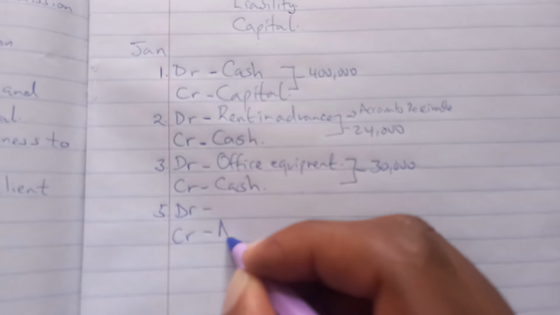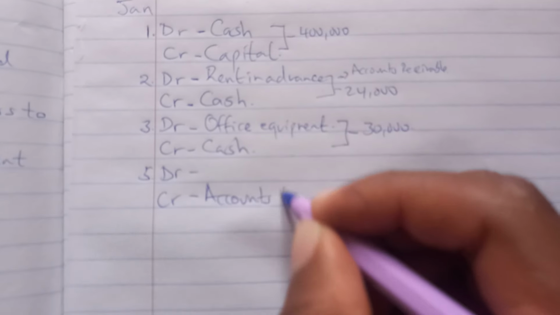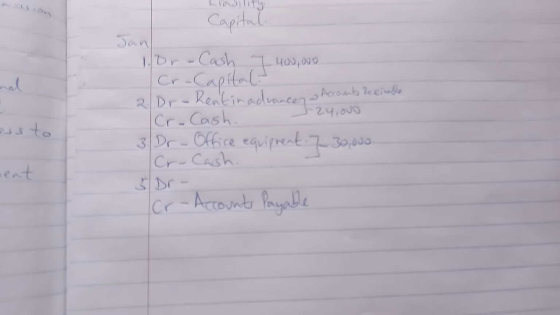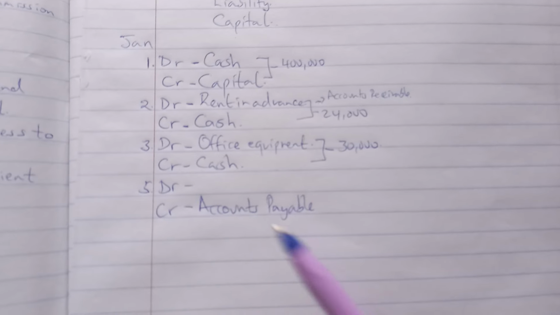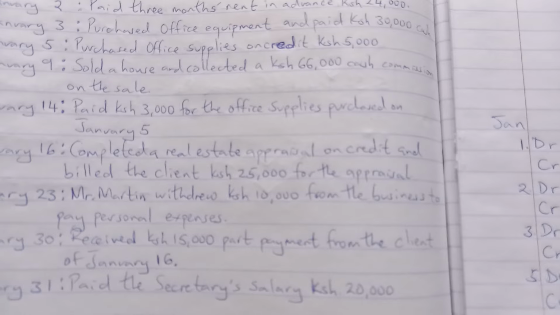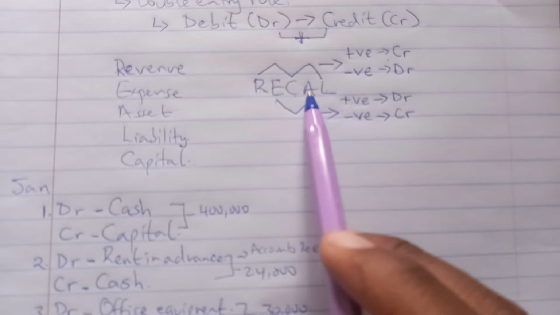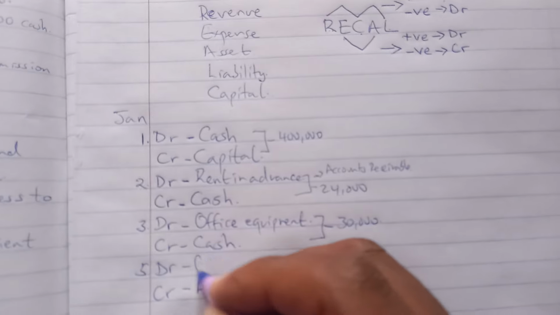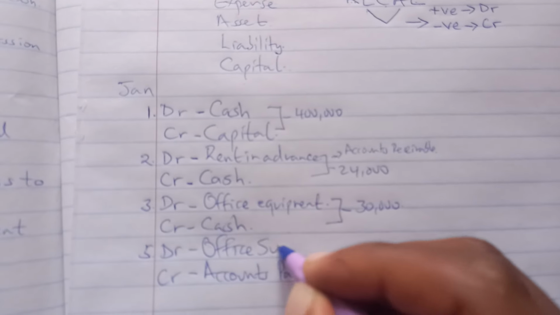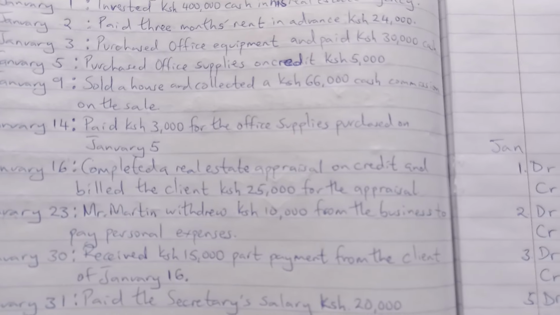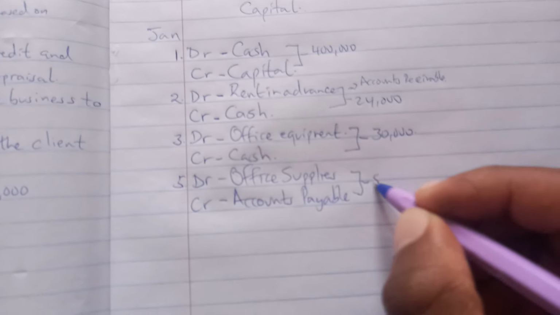So let us credit accounts payable. The moment you write creditors, it is still okay. Creditors is the same as accounts payable. And then the office supplies. Now for the office supplies, that one is an asset. So by default, an asset, when it increases, we debit office supplies. And that transaction was worth 5,000.